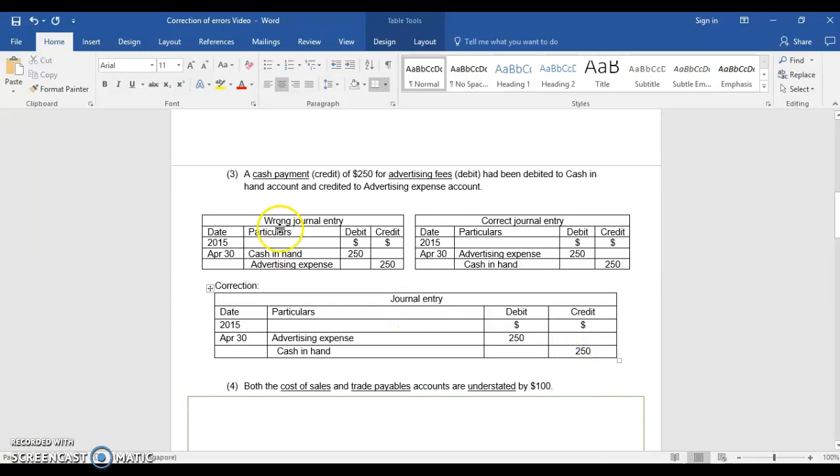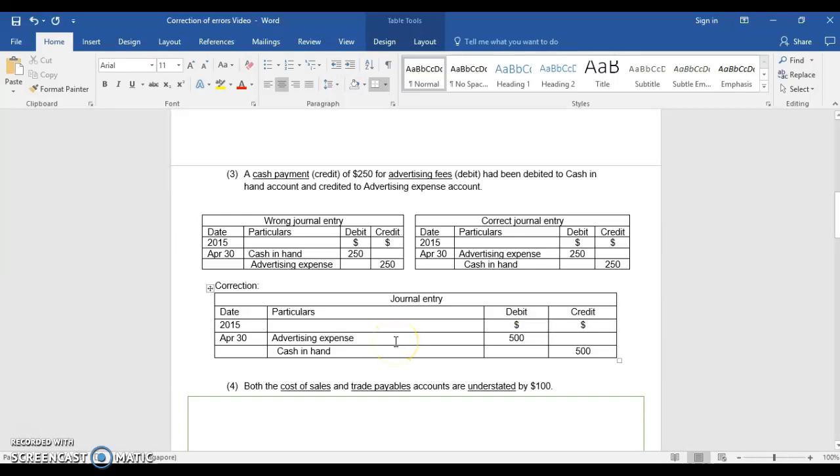If I have cash in hand debit and then I credit it, my cash in hand would have $0, but actually I should have a negative value of $250. So to make it a negative $250, we need to credit cash in hand one more time. So we're going to credit $500.